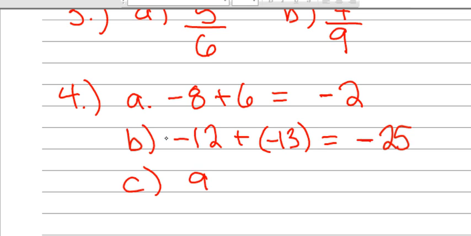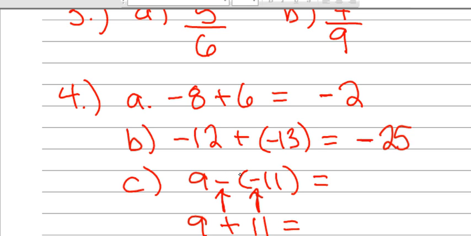For C, I have 9 minus a minus 11. And what happens when I have the double negative? Well, that turns to 9 plus 11, which is just 20.